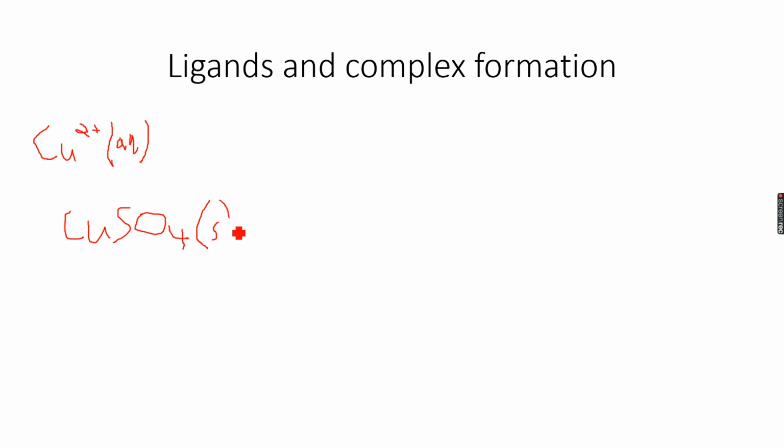So we have CuSO4 aqueous in water, and you know that this is an ionic compound.